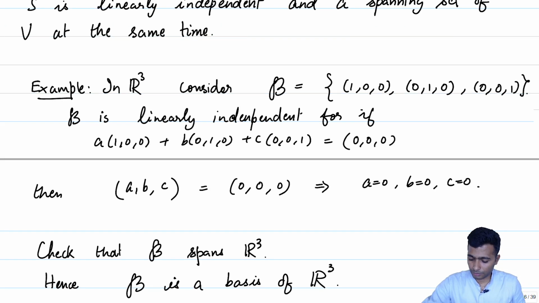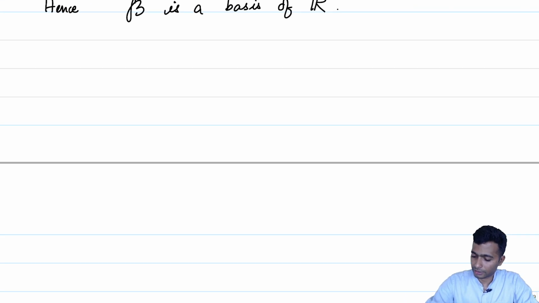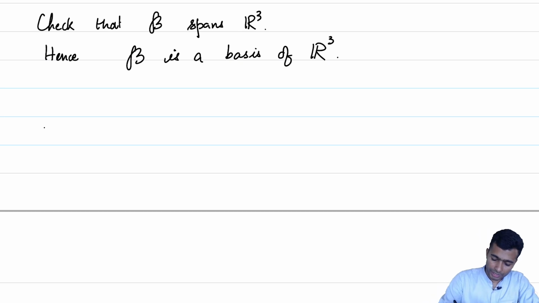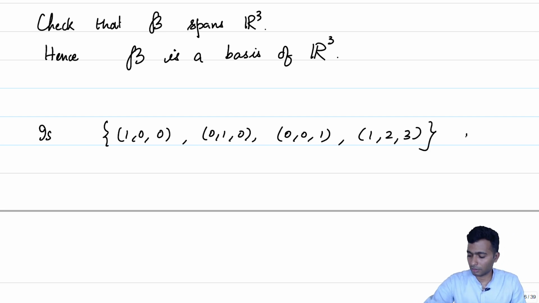Okay, so we now have one example of a basis. Now, is (1,0,0), (0,1,0), (0,0,1) and say (1,2,3), is this a basis?